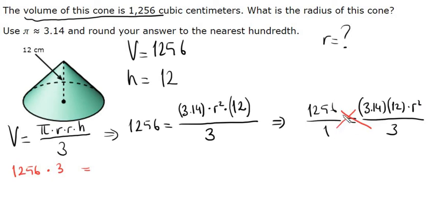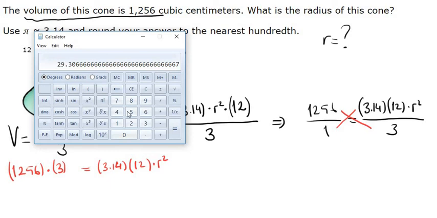If you multiply a number by 1, we get the same number. So we can just write 3.14 times 12 times r squared. Let me put these also in brackets. Right, so let's find 1256 times 3.